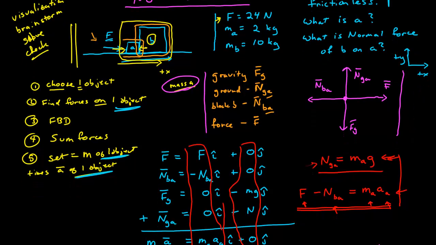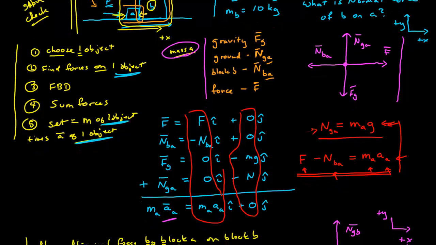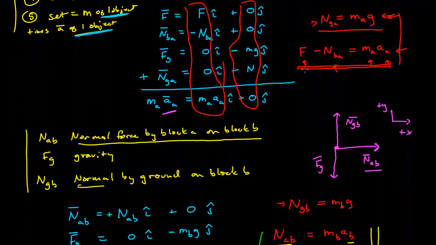And then how with 2 objects, you look at each object and apply Newton's second law for each object independently. And that gives you relationships between all the terms for each object: the forces on each object, the mass of each object, and the acceleration of each object.